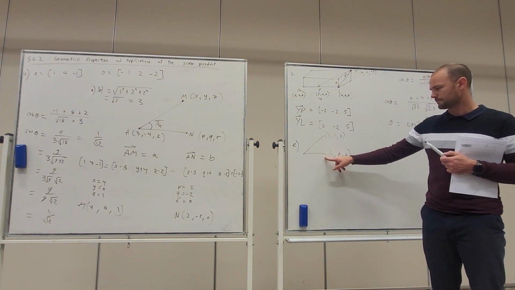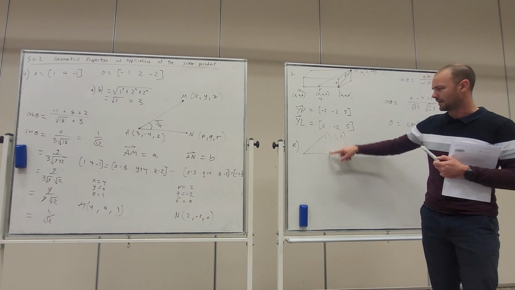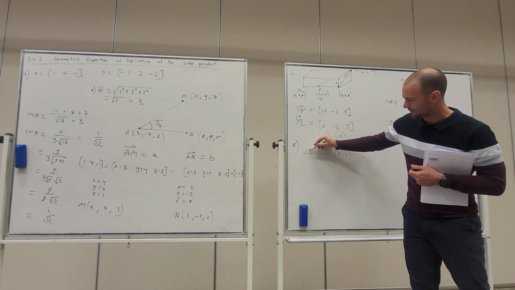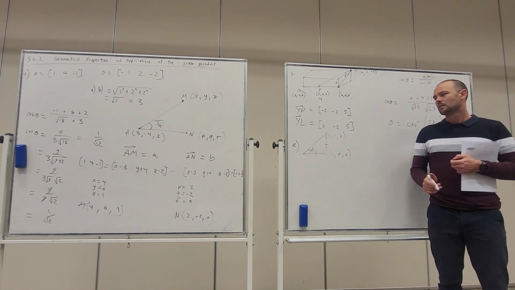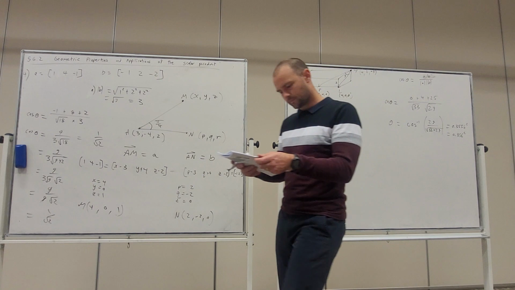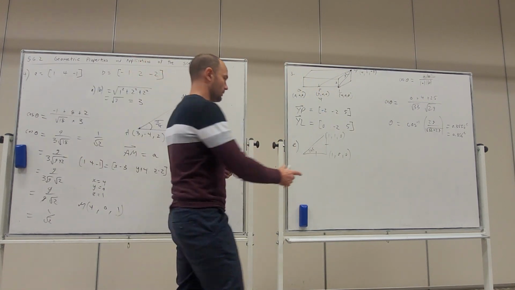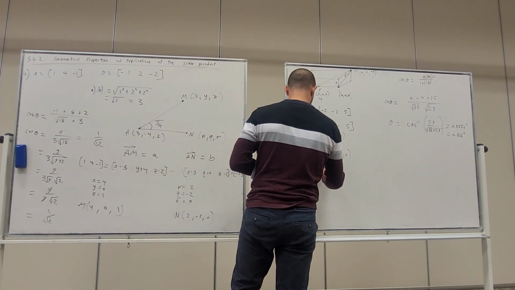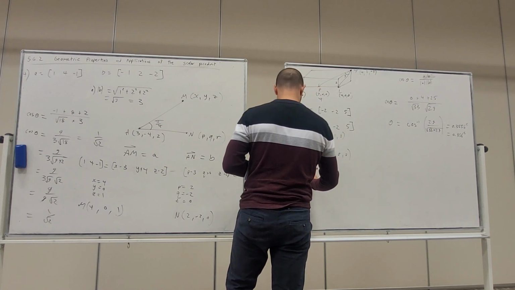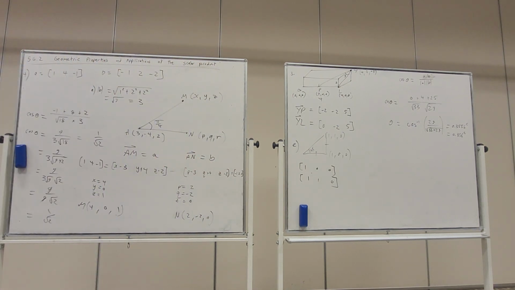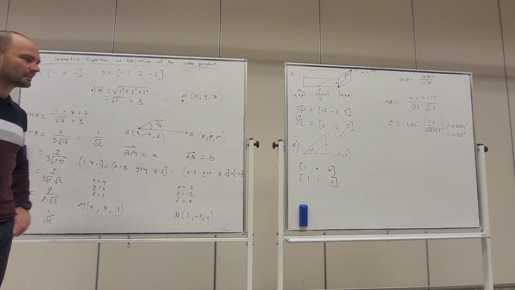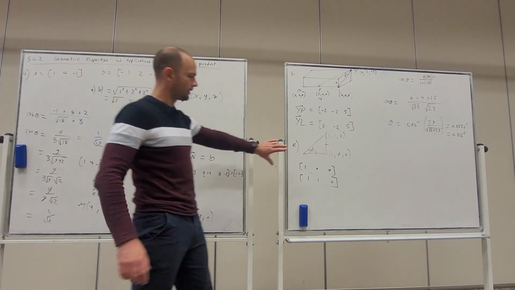If I've gone across 1, and then if I've gone across 1 and up 1, then this angle has to be 45 degrees because we have an isosceles triangle. So, we're asked for 2 vectors. So, vector 1 and vector 2. And obviously there's an infinite number of solutions that can satisfy this. But yeah, that's probably the best way to think of it.